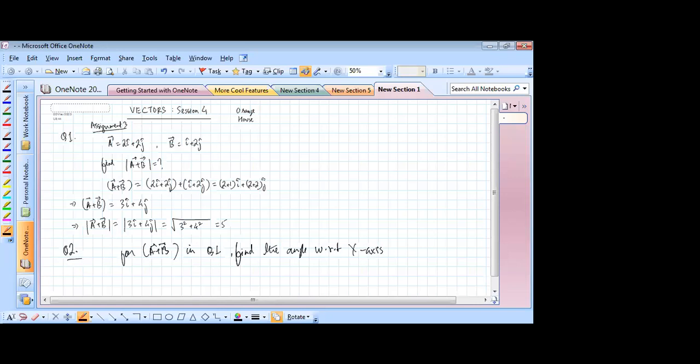So this is what you have to do in the second part, which is very simple. You have to just use the formula for the angle of a vector with respect to the x-axis when it is given in component form. This same vector A plus B we have calculated in question number 1. You have to now find its angle with respect to the x-axis. So just work that out also, and note this down.